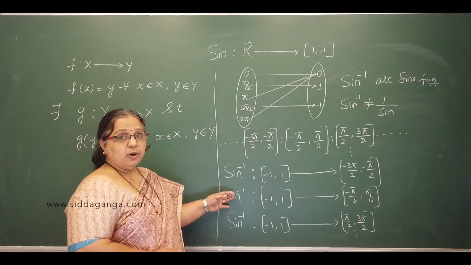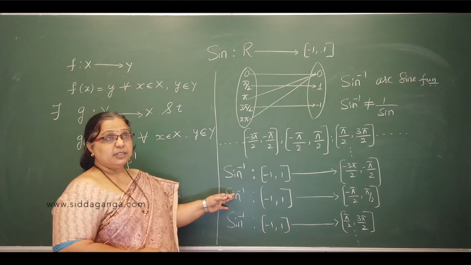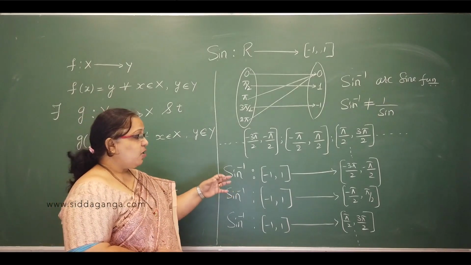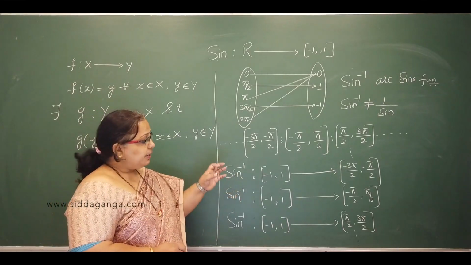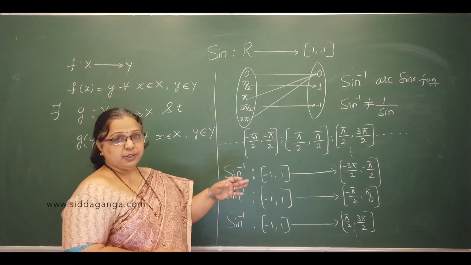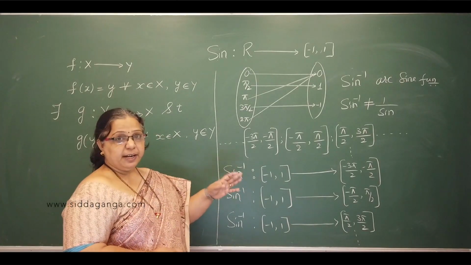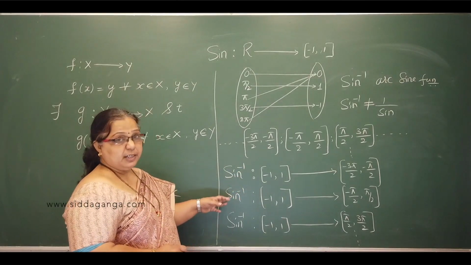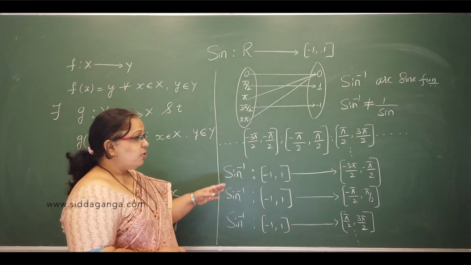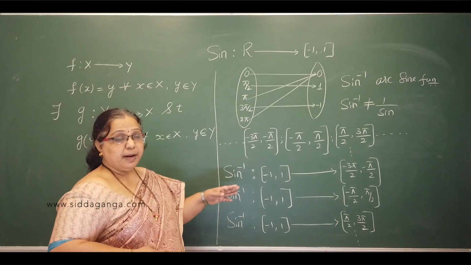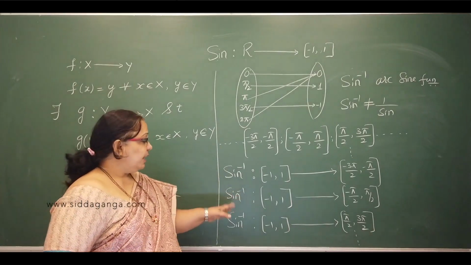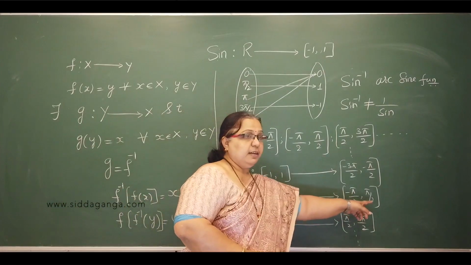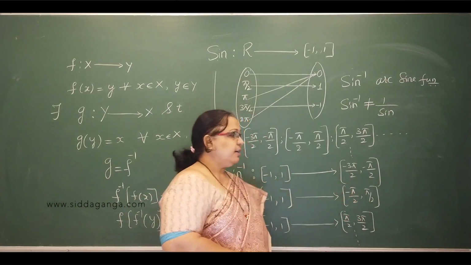So while solving problems, we have to be very conscious about the domain and range of the inverse functions, because we have to get the results of the inverse functions according to their principal value branch range. That is, the value should be in this interval.